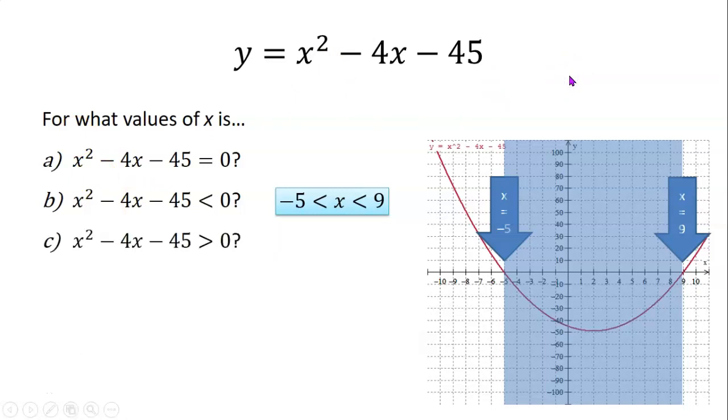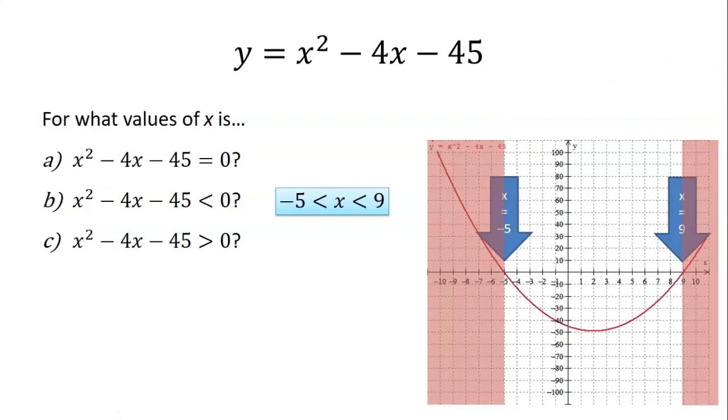Then for what values of x is x squared minus 4x minus 45 greater than 0? On the graph, now we're looking for the points where the y coordinate is greater than 0. That would happen with points that are above the x-axis.